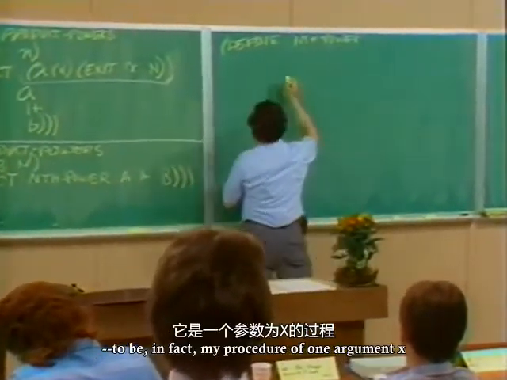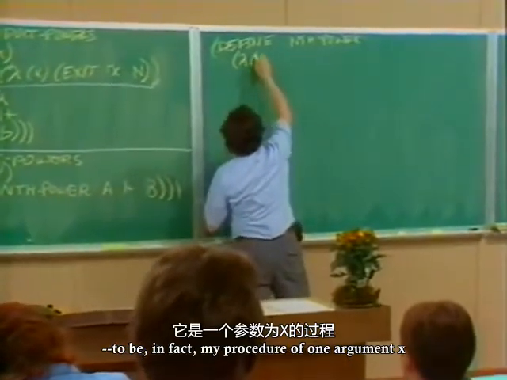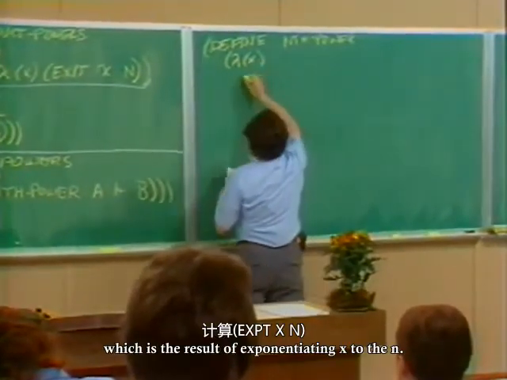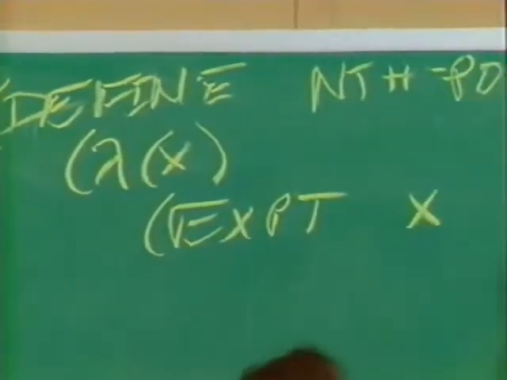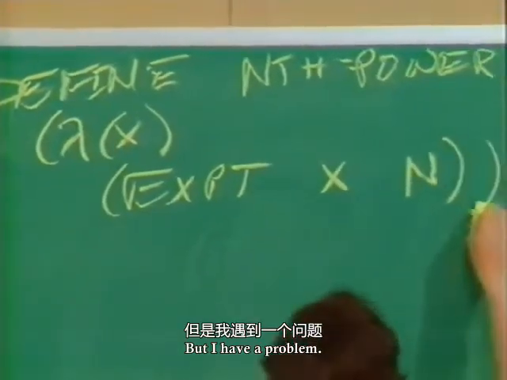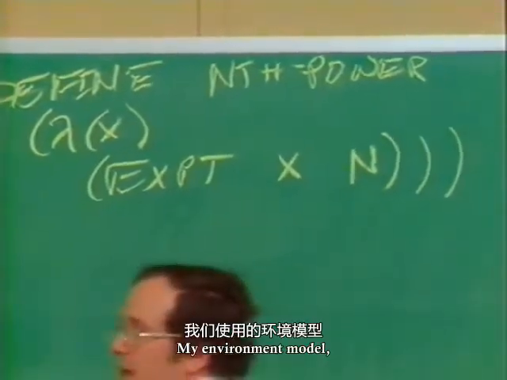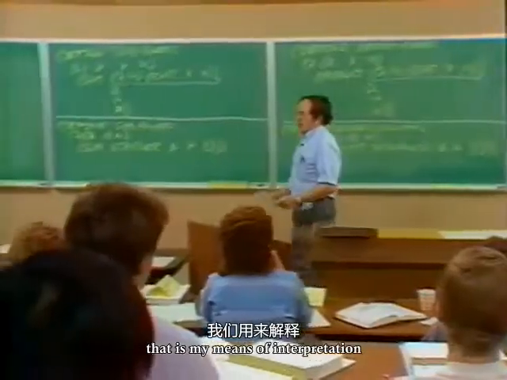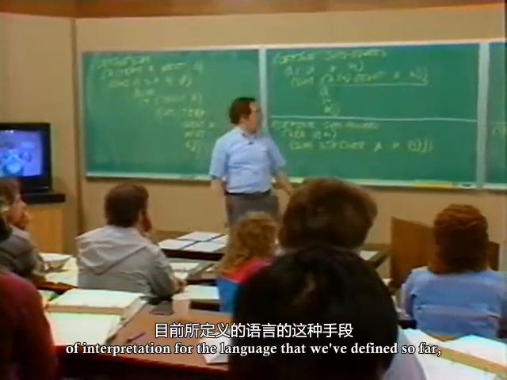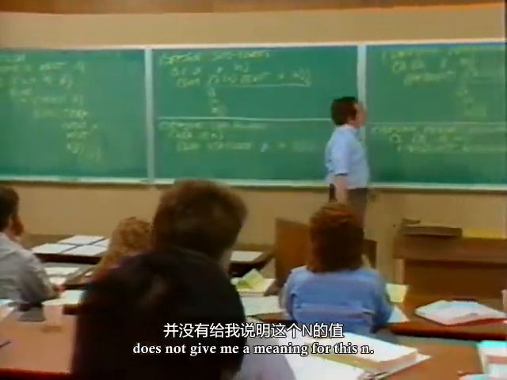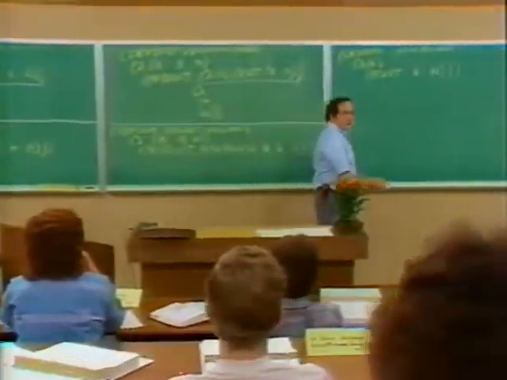To be, in fact, my procedure of one argument x, which is the result of exponentiating x to the n. But I have a problem. My environment model, that is my means of interpretation for the language that we've defined so far, does not give me a meaning for this n.